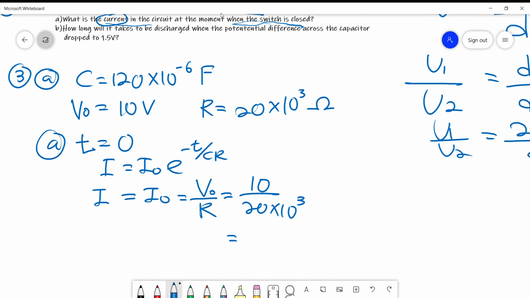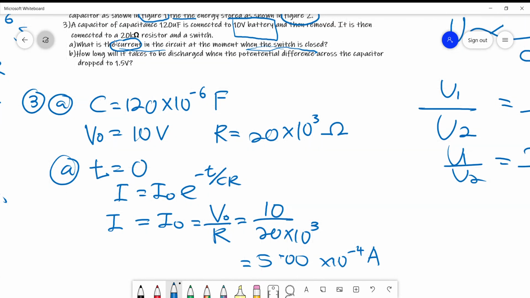So 10 over 20 times 10 to the power of 3 gives 5.00 times 10 to the power negative 4 ampere.